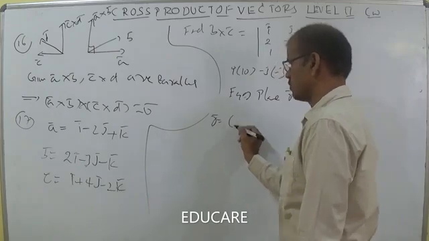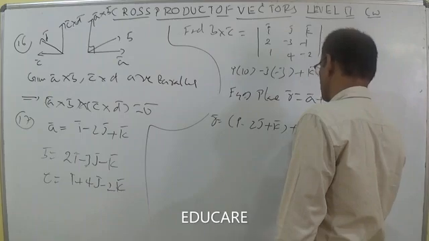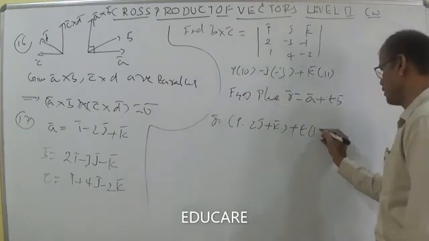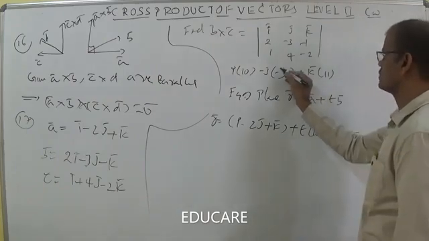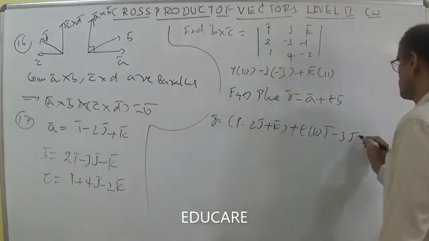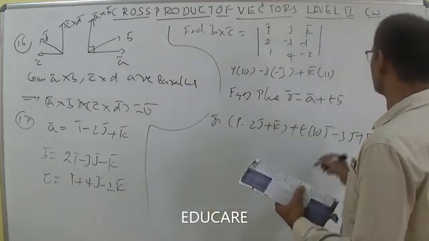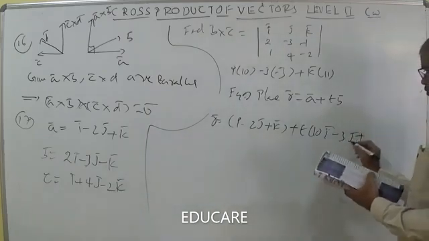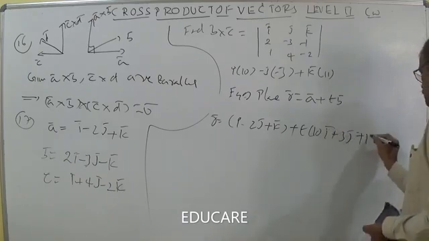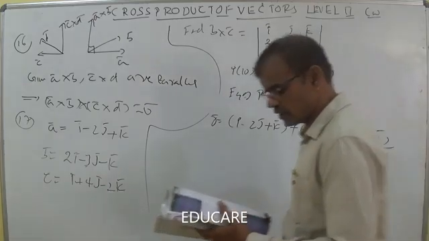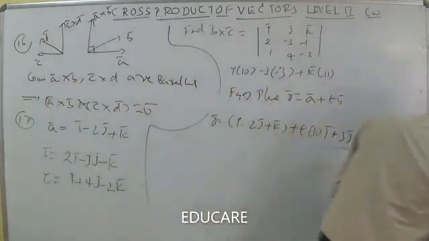It is simply r bar. a bar means i minus 2j plus k, plus t into whatever value we got here: 10i minus 3j plus 11k. 10i minus of minus becomes plus, so 10i plus 3j plus 11k. This is the third option.